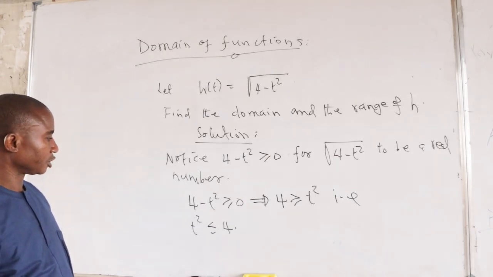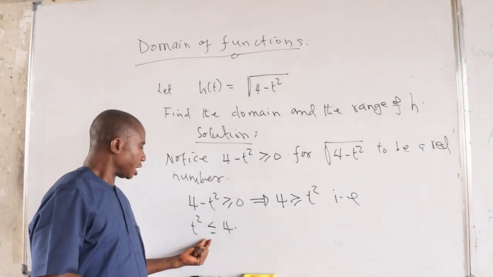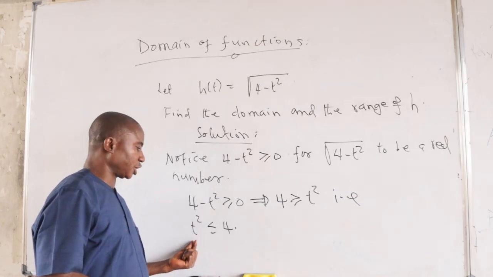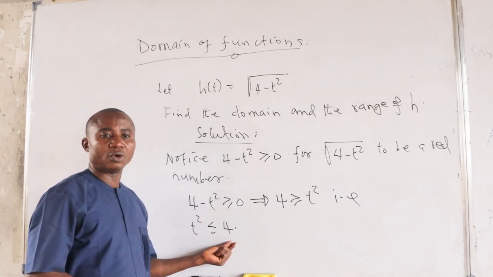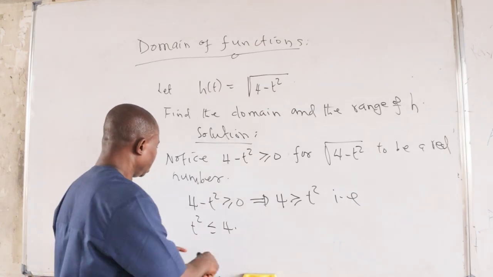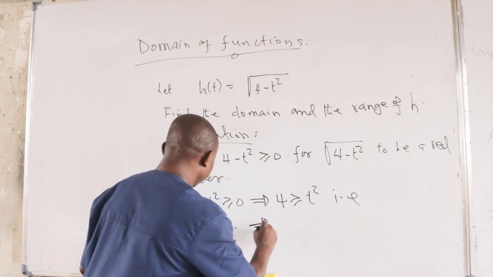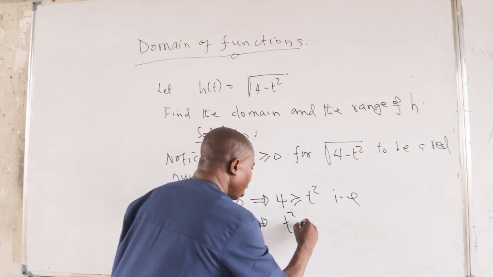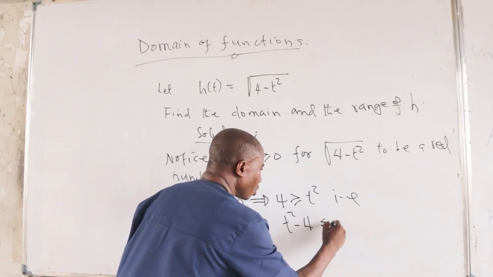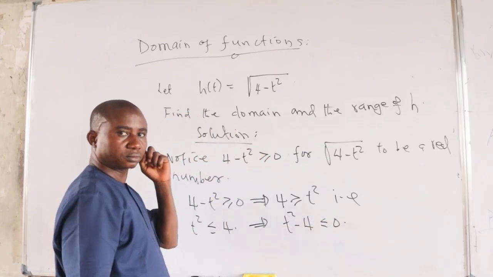Okay. How do we determine all t such that t squared is less than or equal to 4? This being true means that t squared minus 4 is less than or equal to 0.